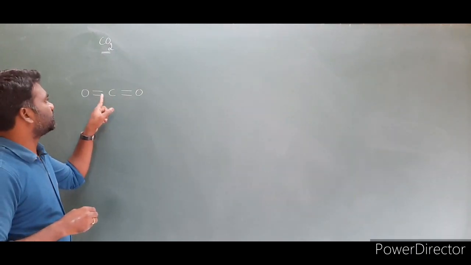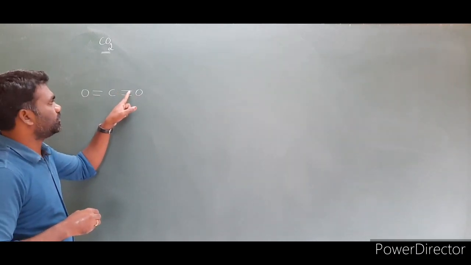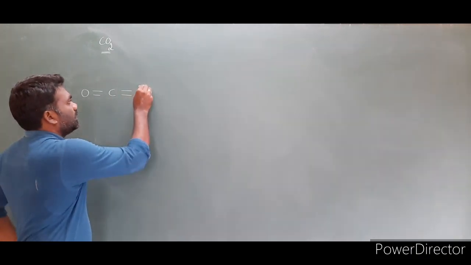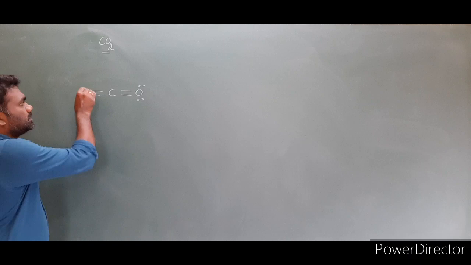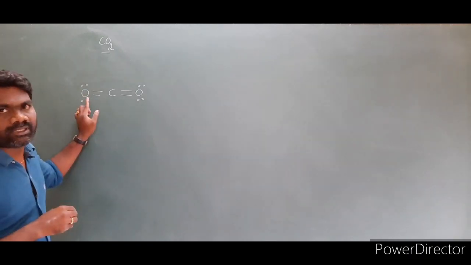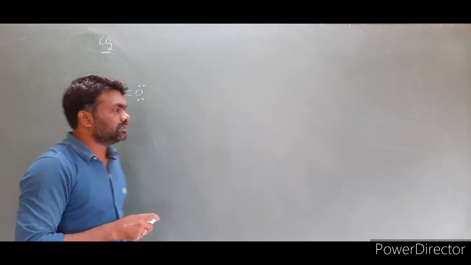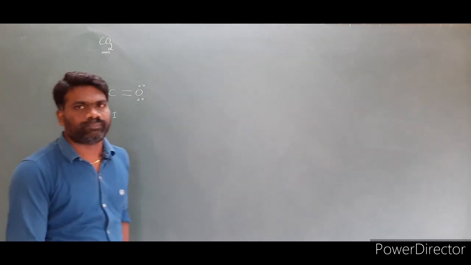Carbon already has 4 bonds, so 8 electrons are satisfied. Each oxygen has 2 bonds, 4 electrons, and the remaining 4 electrons are written as 2 lone pairs. So all atoms have 8 electrons. I am labeling this structure as number 1. This is the first structure.